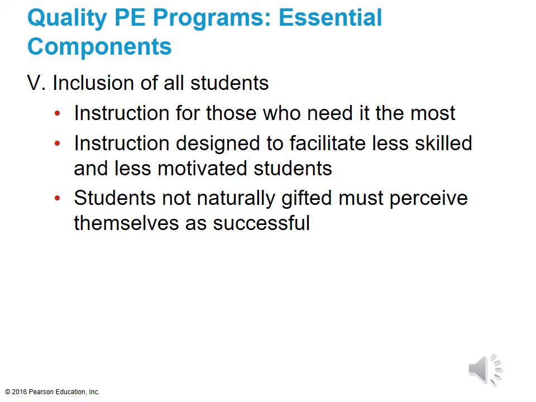Those students who are not naturally gifted in physical movement must see themselves as successful as well. So we want to try and get the skilled students to learn to be patient and work with the lesser skilled students. So there's where your social skills come into play.